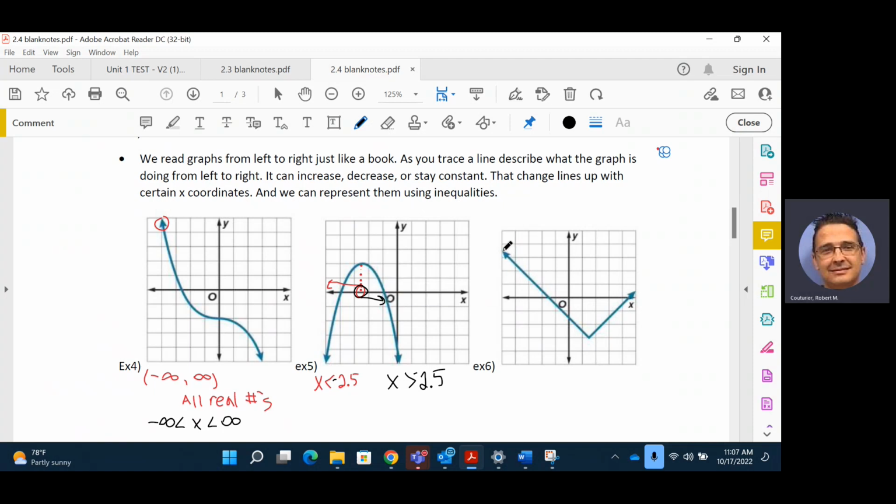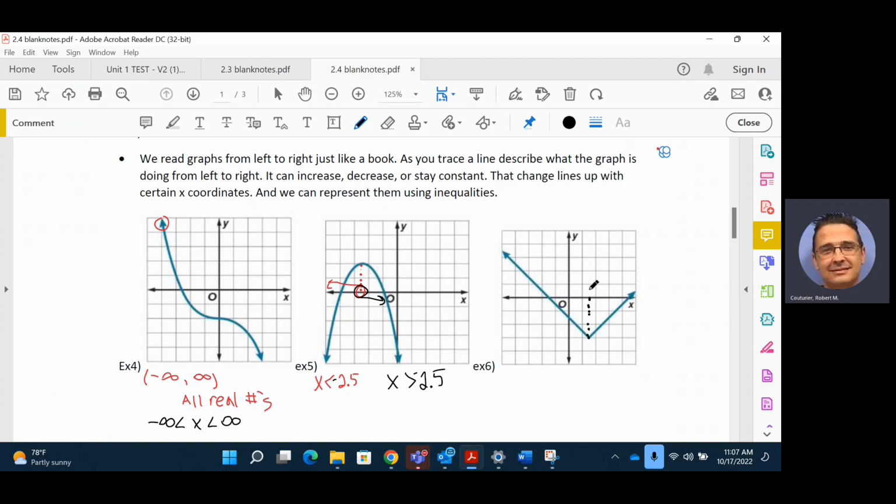So here we go. If you read your graph again, trace your graph. What is that cursor doing? Is it going up or is it going down? As our x's are starting to increase, these y values are starting to decrease. So it is decreasing all the way until it hits here. And again, we don't know where this is, so let's track it back up to our x-axis.